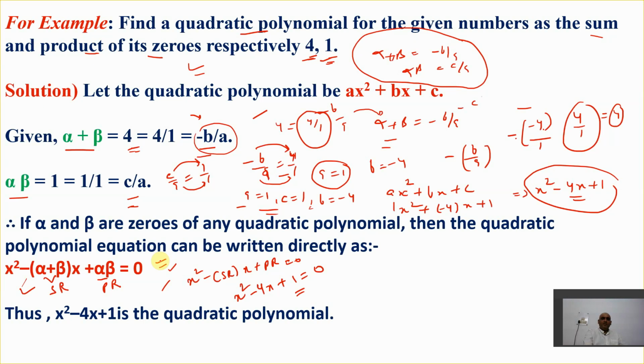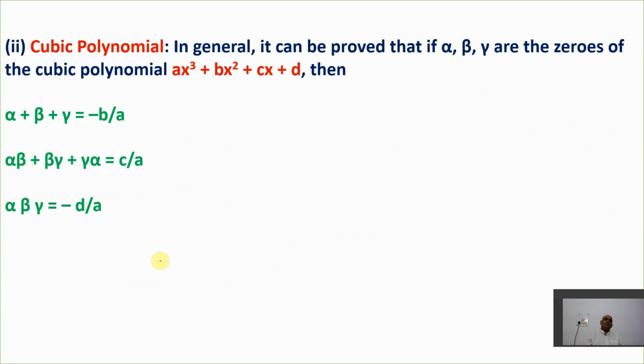Just now we have gone through the quadratic. Now we'll come towards the cubic. So you know that cubic has a maximum degree of 3. So 3 degrees means we have 3 zeros, right? Now, these are the basic formulas here. We need to remember this in order to solve the questions.